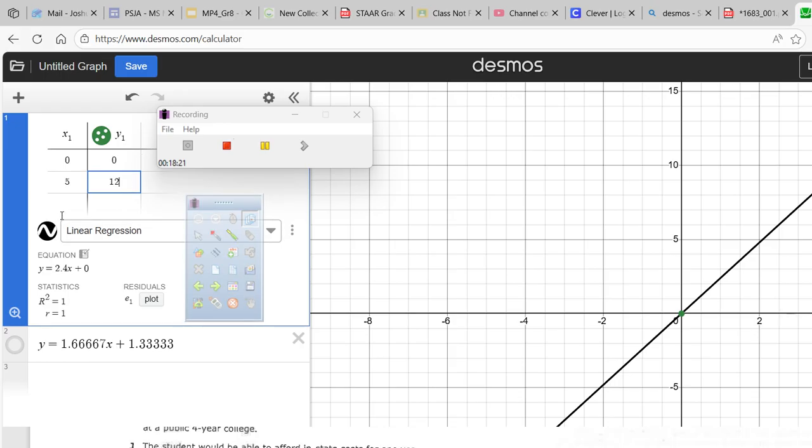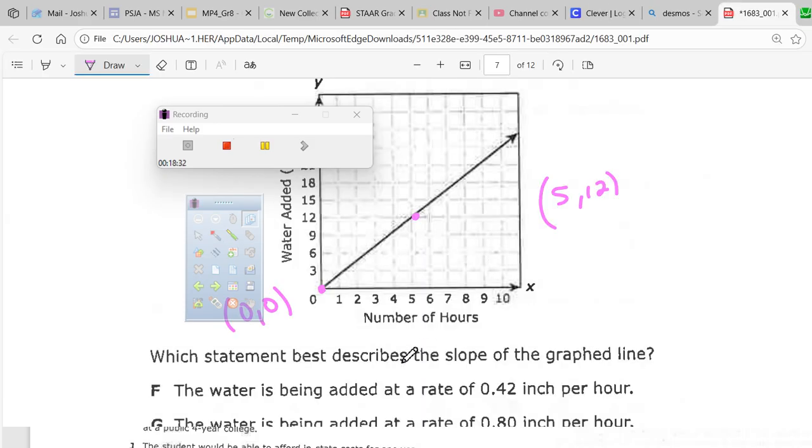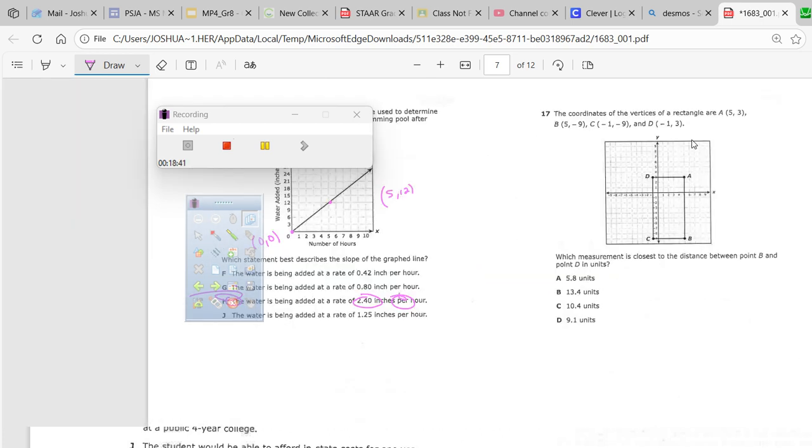So 2.4 is my slope. The x right there, 2.4x. X marks my slope, and it's 2.4 next to it. So I'm going to go with 2.4, add my slope. And there it is, 2.4. And per is your slope. Don't forget that per is your slope. There she is. Really easy, way easier than what I thought. It's not too bad at all.